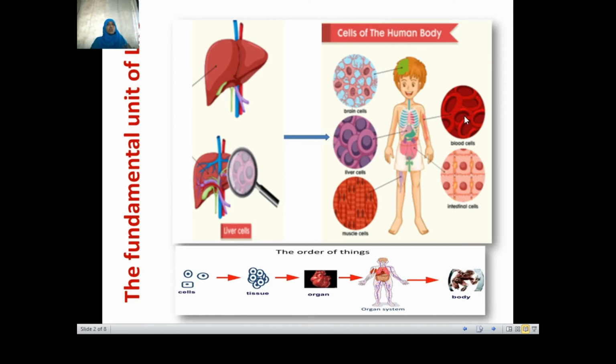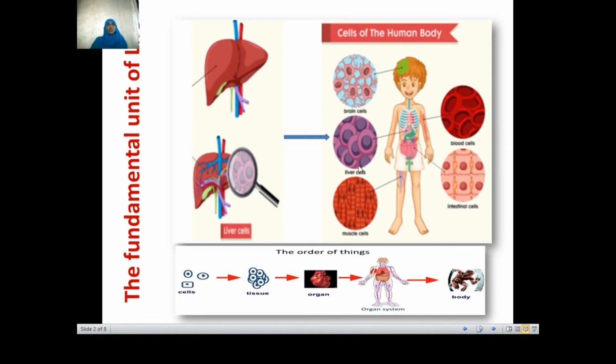The function is to transport oxygen to different parts of the body. So now we have seen there is diversity in the type of cells present in the human body, and each different type of cell has a different structure, and the structure is related to what type of function it performs in the body.